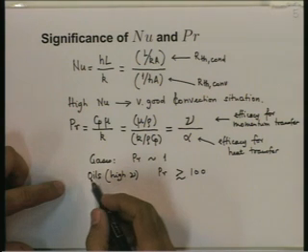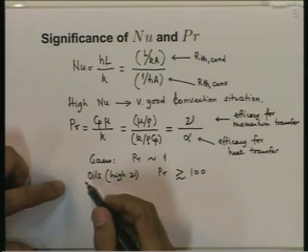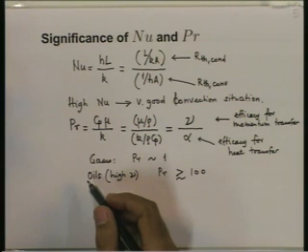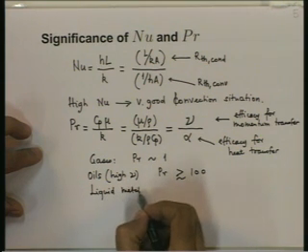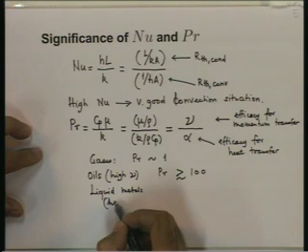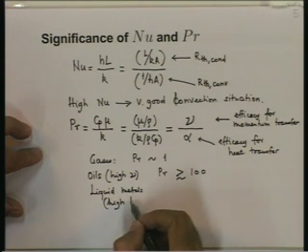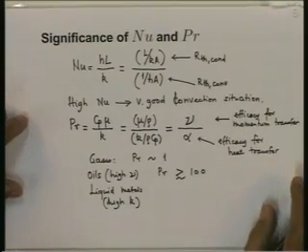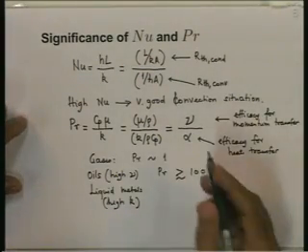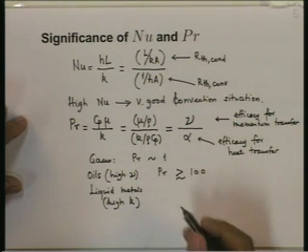If you take mercury, a liquid metal, low viscosity, high conductivity. Any other liquid metal such as liquid sodium, liquid potassium, situations of high conductivity, comparatively low specific heats, comparatively low viscosities.